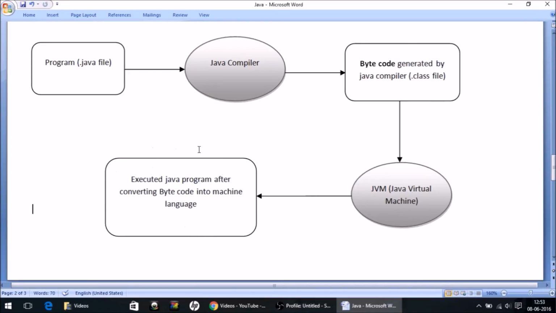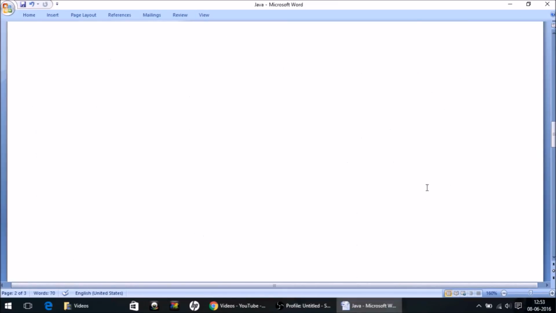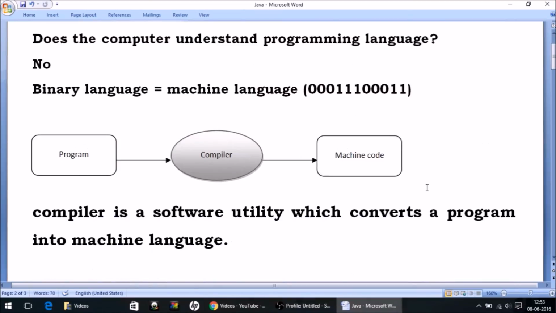So we have an executed Java program by the JVM, Java Virtual Machine, and there is no involvement of operating system in the whole process, as you can see. Whereas in this case, the machine code here is always executed by the operating system. That is the dependency factor here.